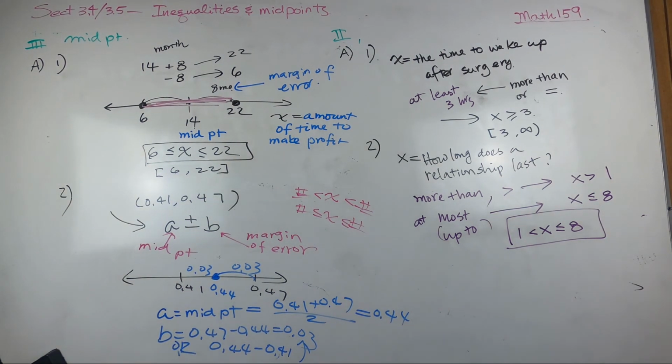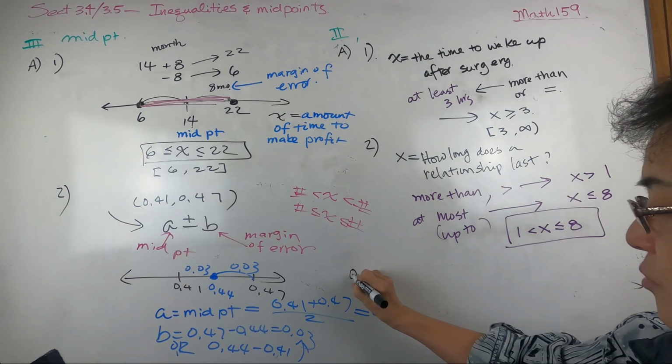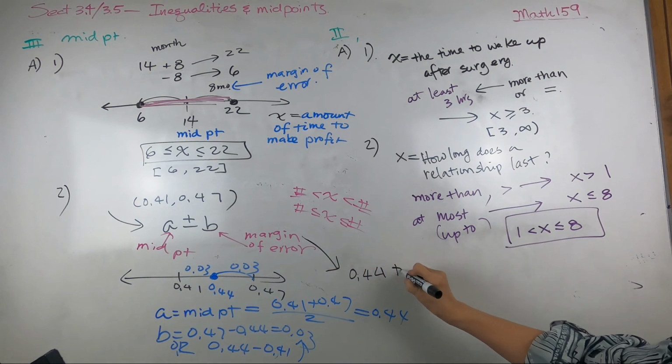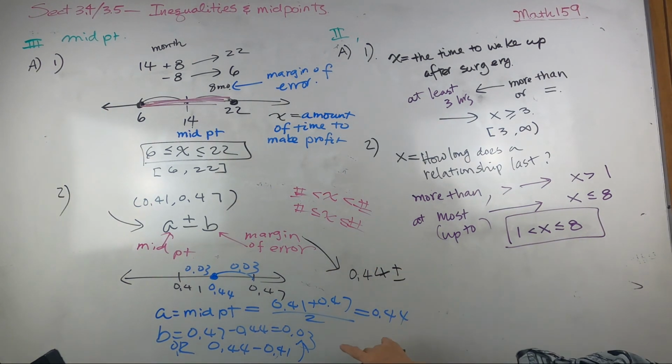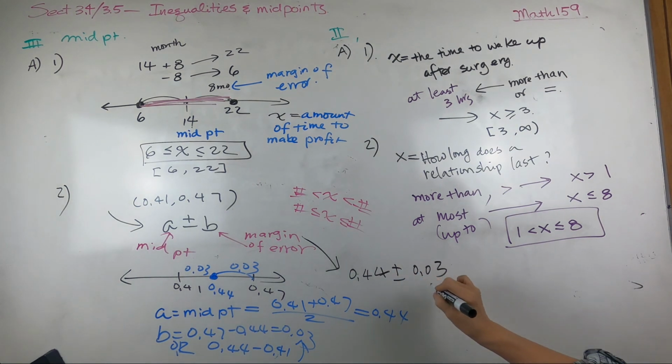So you have to find the midpoint. So you write a plus minus b. A is your midpoint, which is 0.44, right? Then plus minus your margin of error, which is 0.03. So you should write it this way.